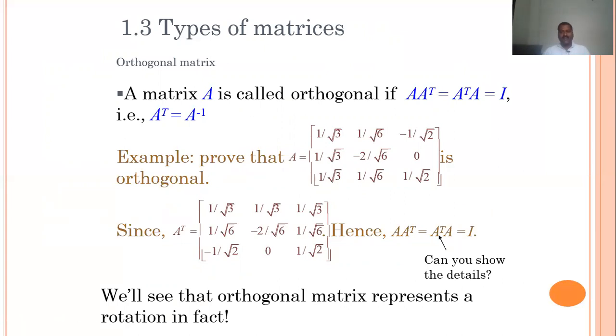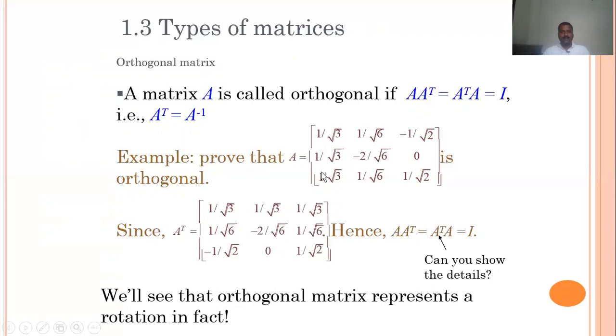So the beauty in future, if you want to find the inverse, which is a tedious process sometimes, if we can find that A is an orthogonal matrix, just transpose it. Then A transpose is nothing but A inverse. So many a times we find A inverse in that way, but we need to be careful that we need to prior establish that it's an orthogonal matrix.